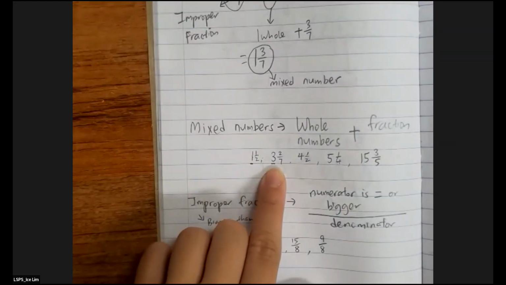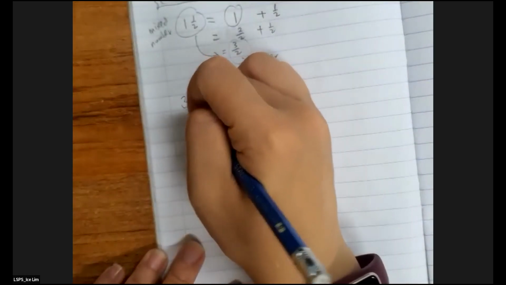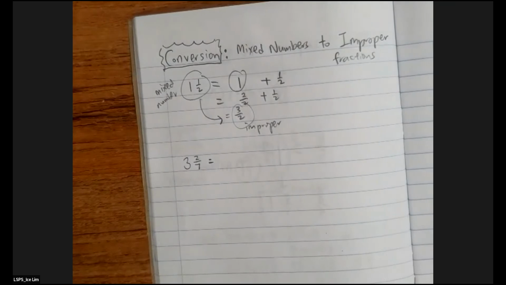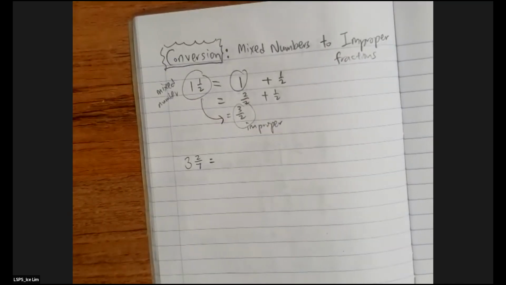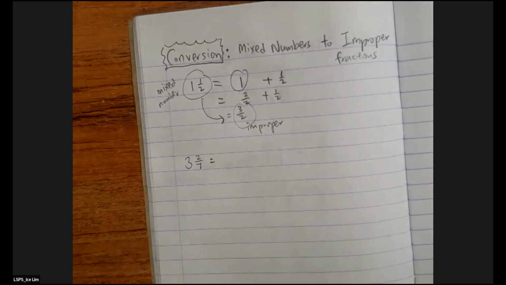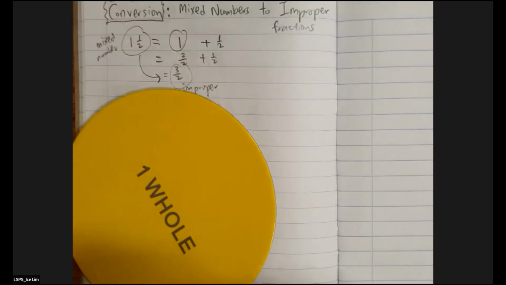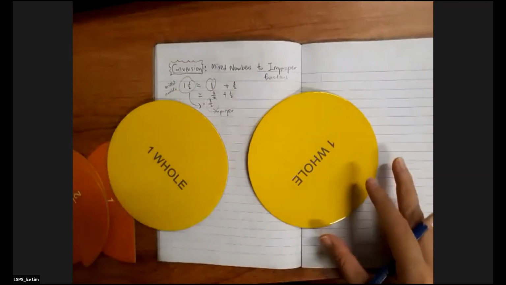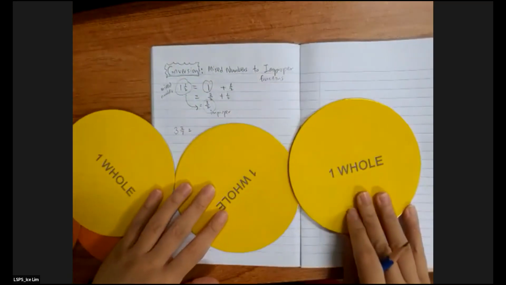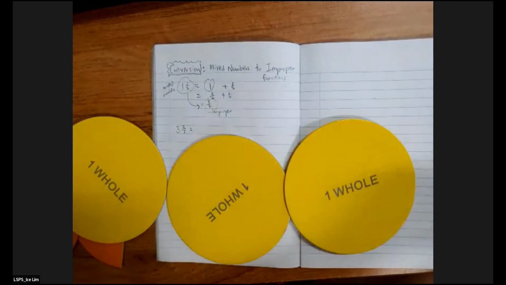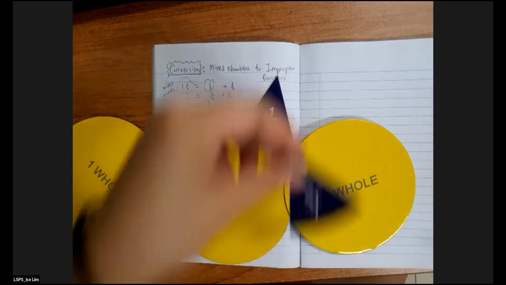The next example that was stated here was 3 2/7. Meaning 1, 2, 3 wholes and 2/7.